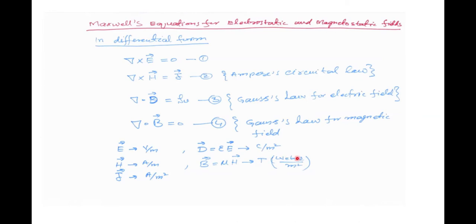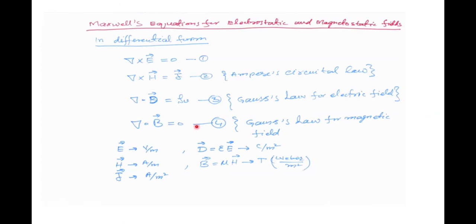The Tesla unit is Weber per square meter, where Weber is equal to the product of Henry and ampere. So this is the representation of all four Maxwell equations in the electrostatic case.